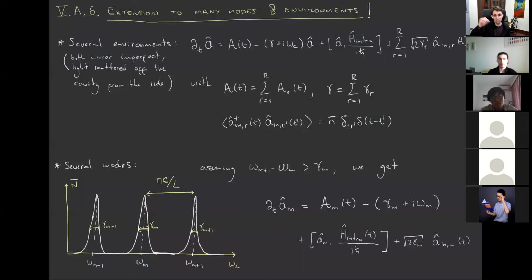So as I said, you can work it out if you want, and you will find these questions very naturally. But essentially, this is all I need you to know, that if we work with many modes, then we will have just this generalization. If we work with many environments, then we will have this generalization. And of course, you can work with both situations, many environments and many modes.